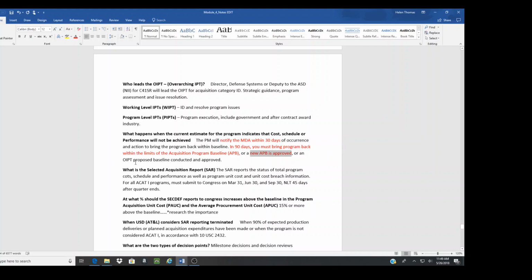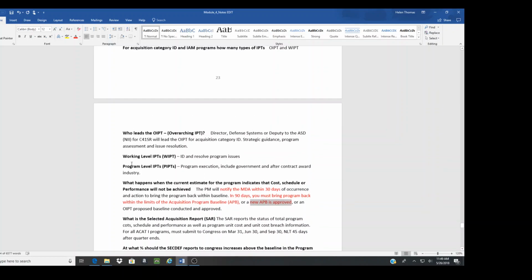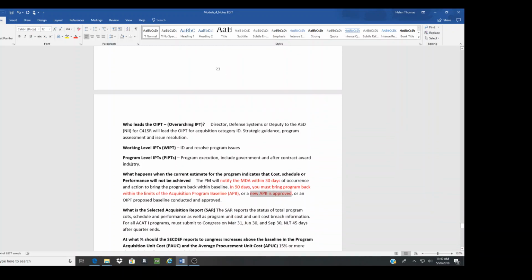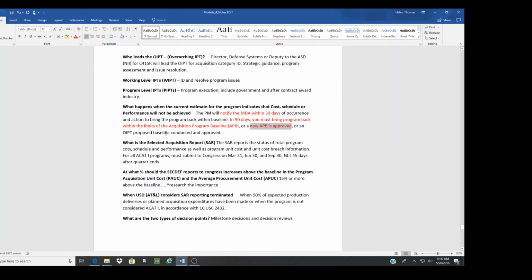So when you're going over on cost, you need to notify the milestone decision authority within 30 days and bring the program back to the approved cost level in 90 days, or request another program baseline.